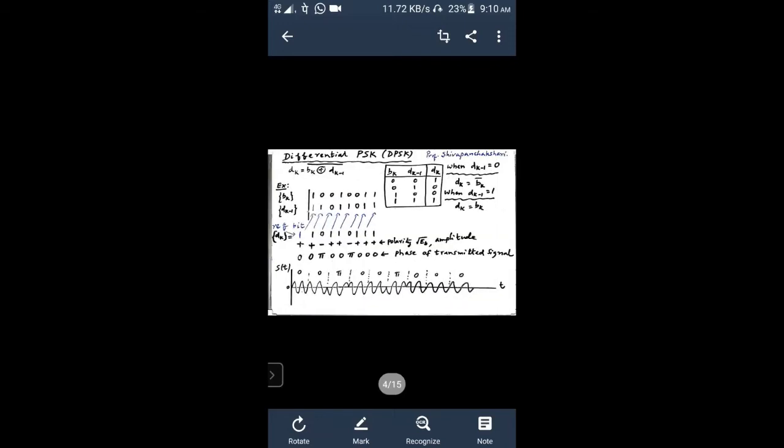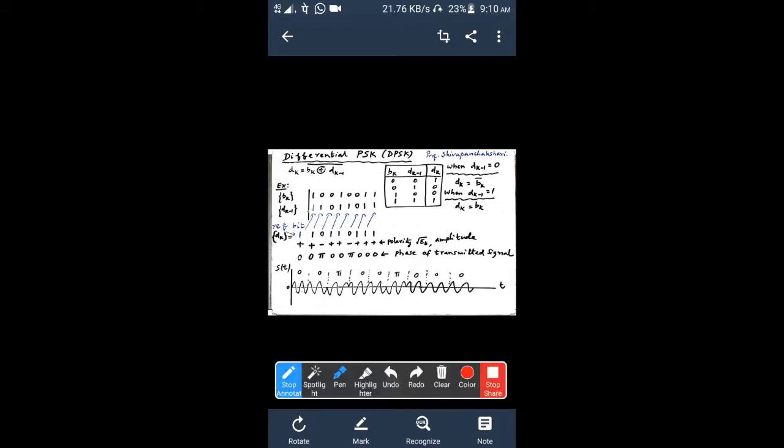And I've given an example also here. So we can easily observe what is happening here. We observe this very first bit, that is bit 1 in the input sequence. Before that bit 1, we assume one reference bit.